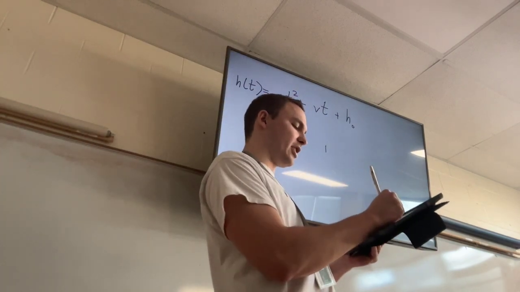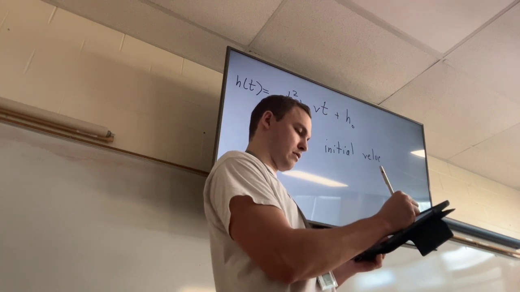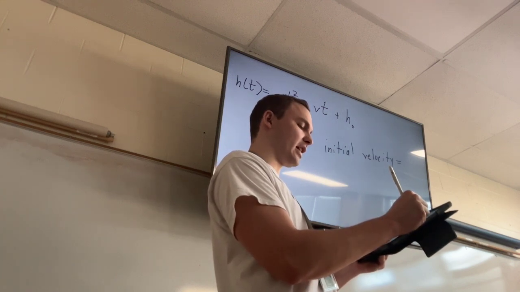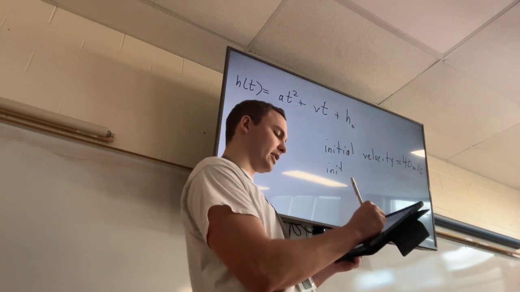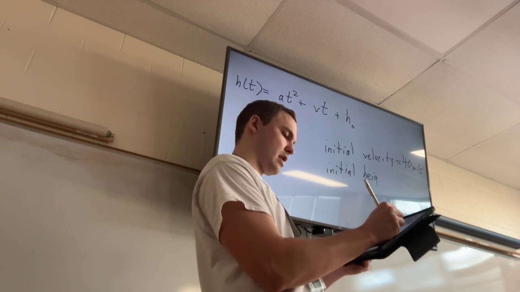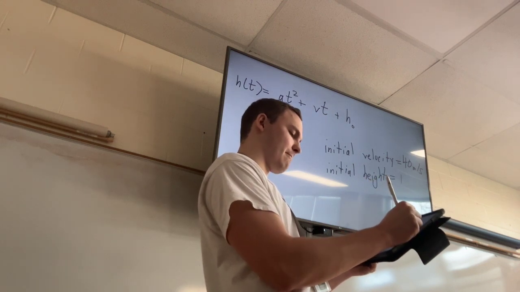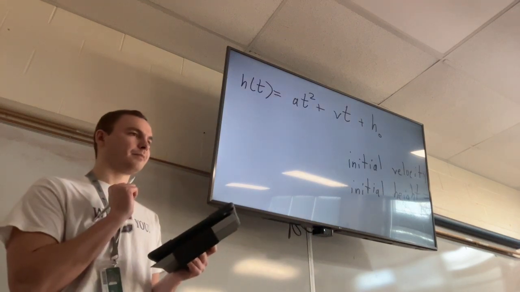Then they'll say like initial velocity equals 40 meters per second and initial height equals 10 meters or something like that. Okay? And then they'll have you plug it into the equation.